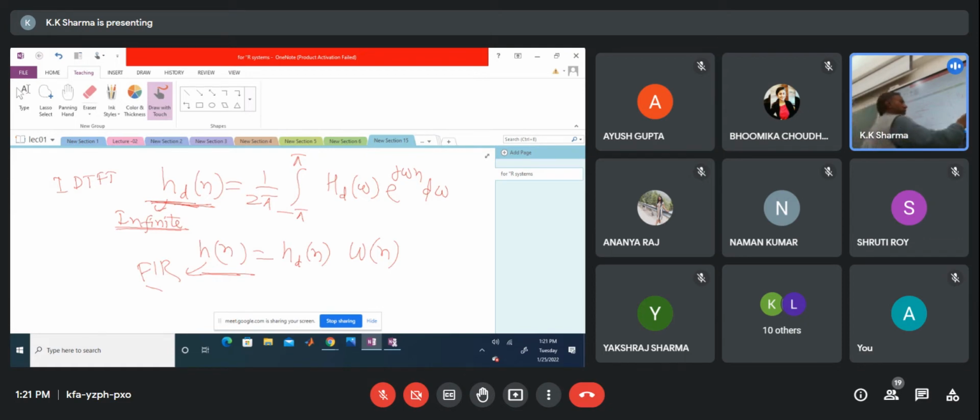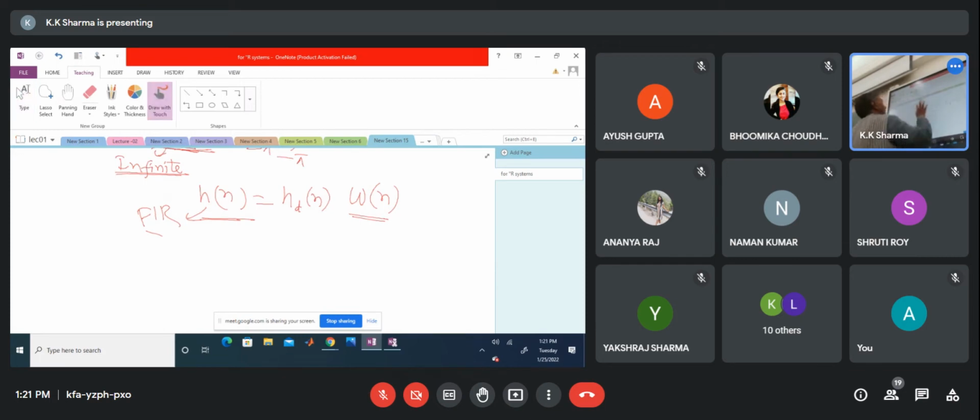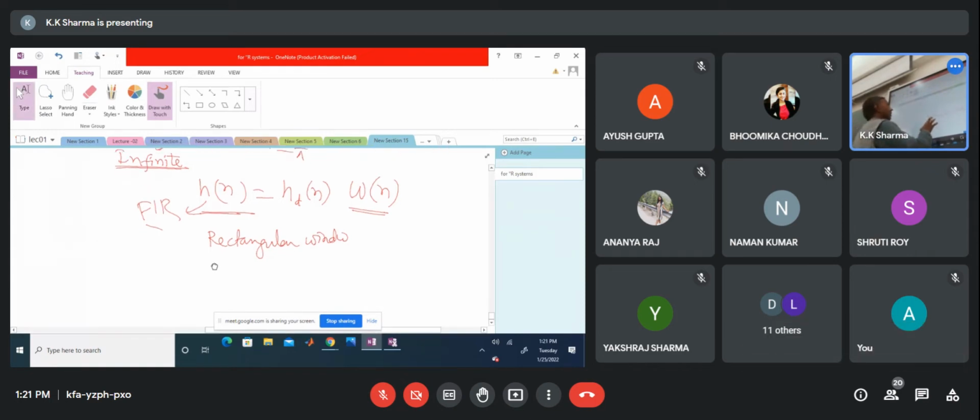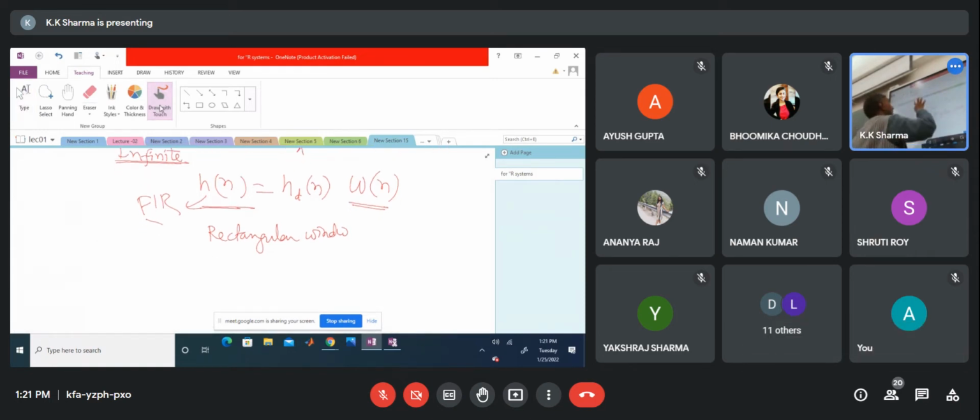Now, typically the most commonly used window is, say, the rectangular window. That means w(n) is 1 for n between 0 to M minus 1 and 0 otherwise.